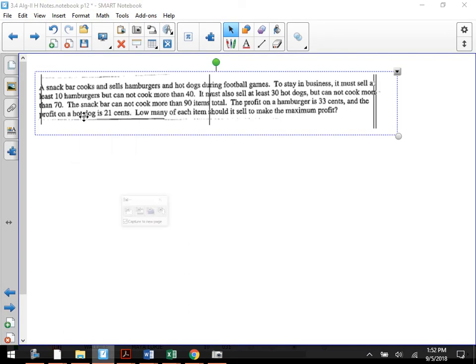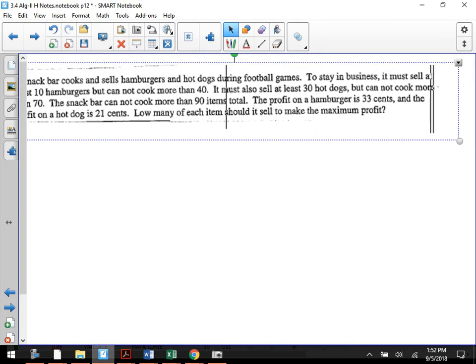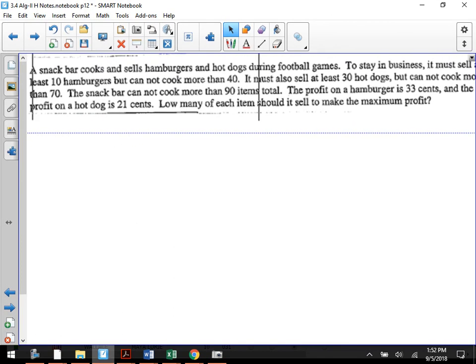First things first is always to read. You're at a snack bar, and it cooks and sells hamburgers and hot dogs during football games. To stay in business, it must sell at least 10 hamburgers, but cannot cook more than 40.